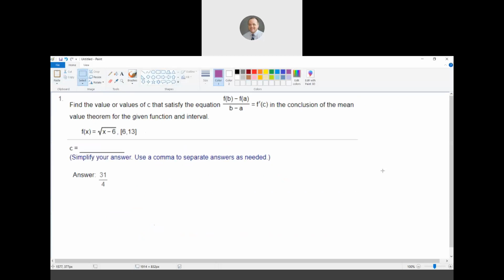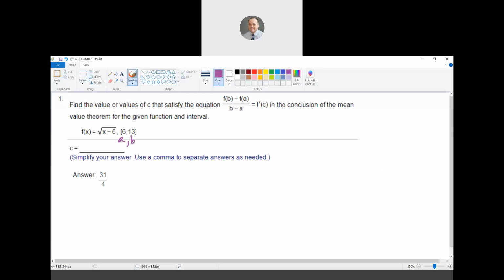Find the value or values of c that satisfy the given equation in the conclusion of the mean value theorem for the given function and interval. F of x is square root of x minus 6 over the closed interval going 6 to 13, where 6 is a and 13 is b.